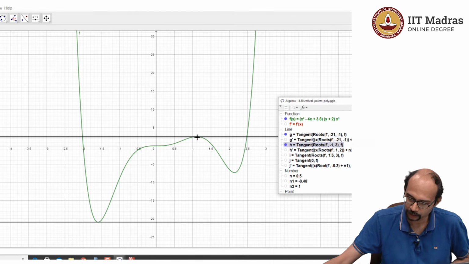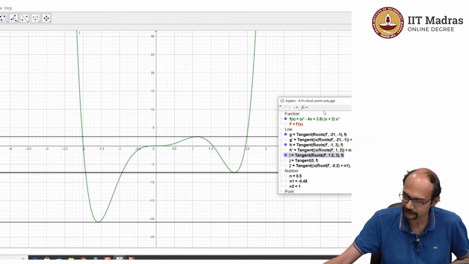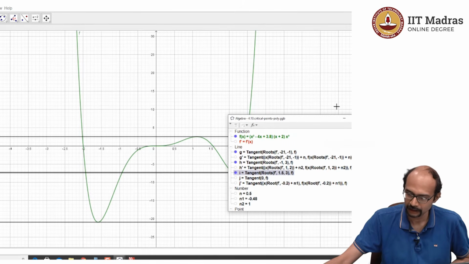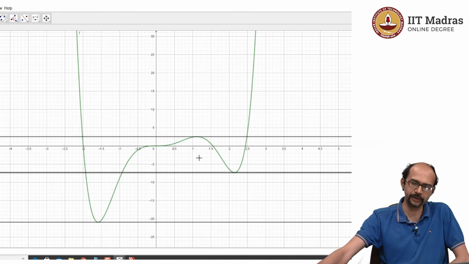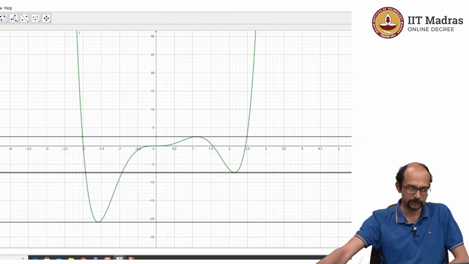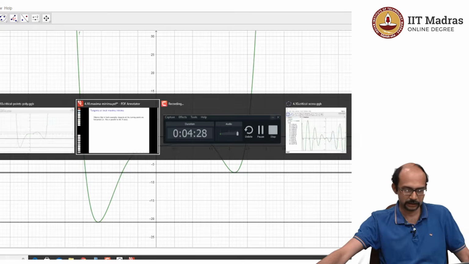Here is the tangent to this local maximum, it's again horizontal, and the tangent to this local minimum here is also horizontal, right. These were the 3 points that we identified as local extrema in this case, and in all three the tangents are horizontal.